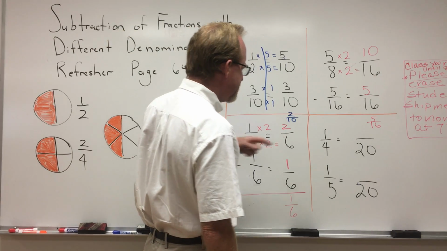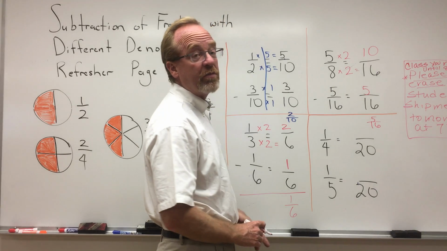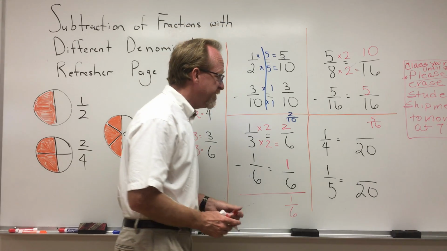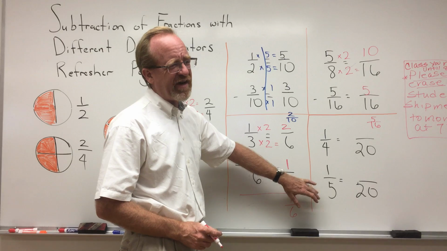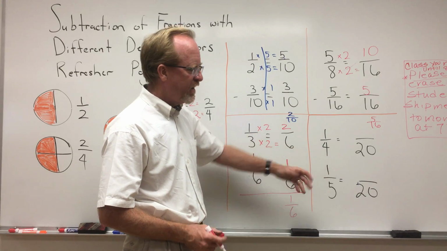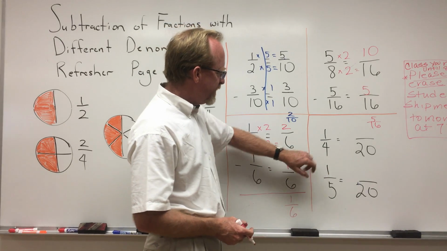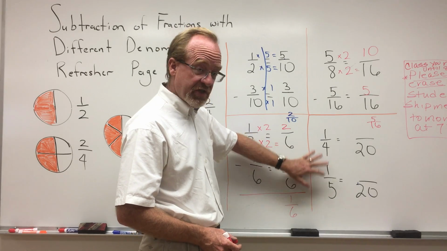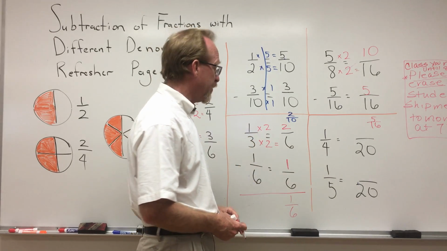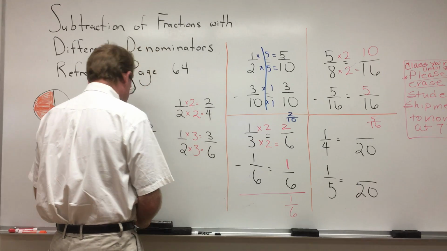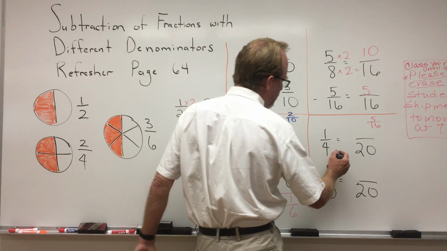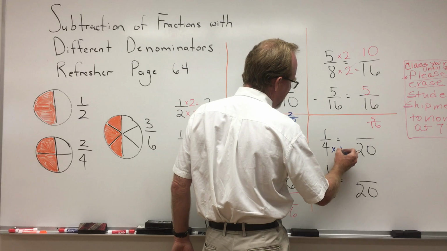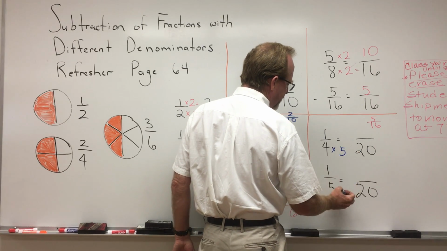Now here, this last one is interesting. They converted both of them. I can't really make the 4 into 5 because 2 times 4 is 8. So that's not going to work. What you can do is multiply them. If you get stuck, you can multiply them by each other. What I mean by that, let me change my color here, we'll go blue. Multiply the 4 by 5 and multiply the 5 by 4.